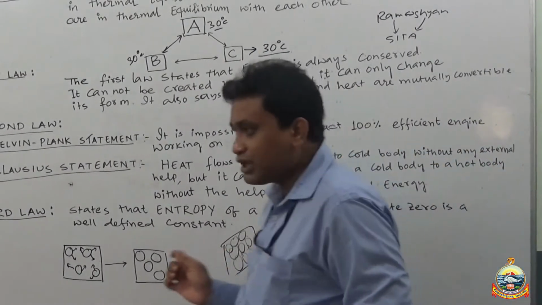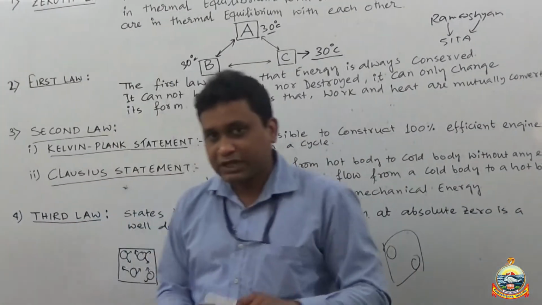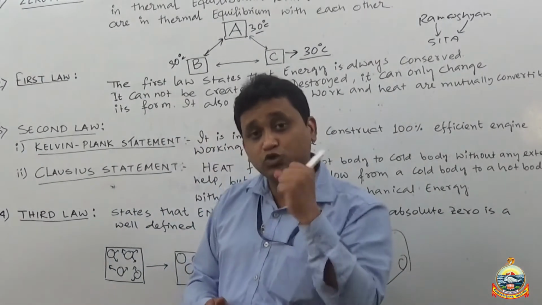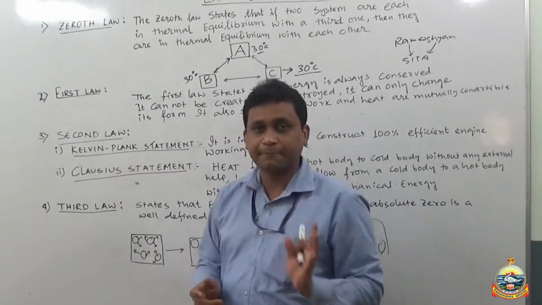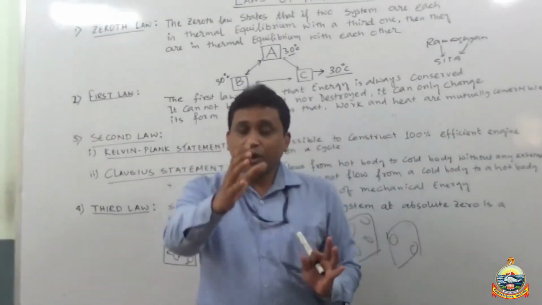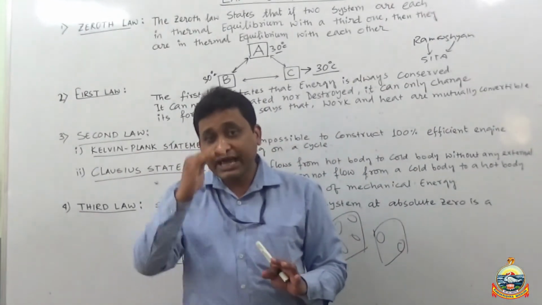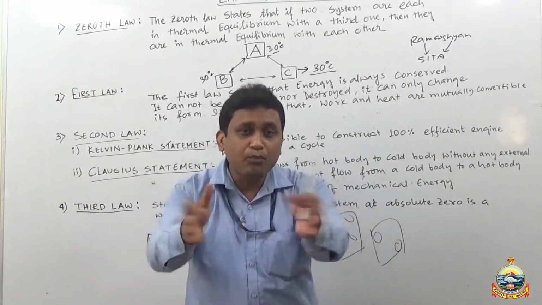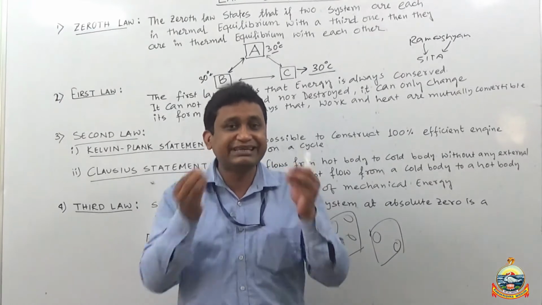So, the third law states that if you take out heat from a body up to absolute zero temperature, then there will be no movement of the molecules inside the body.